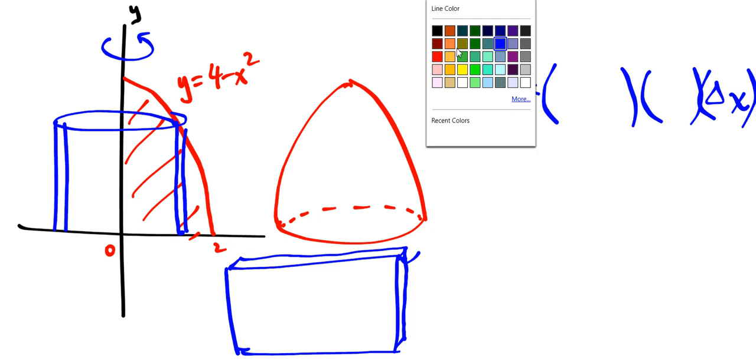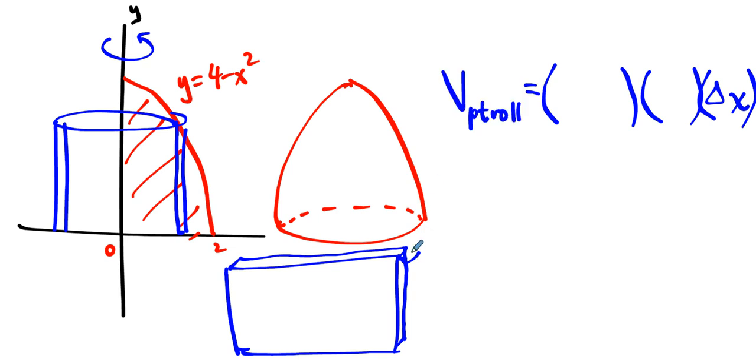So what's this distance? Where is this in this picture? Well, the height of the paper towel roll should be the same as this height here. So whatever the function is, this height. Whatever the function is.